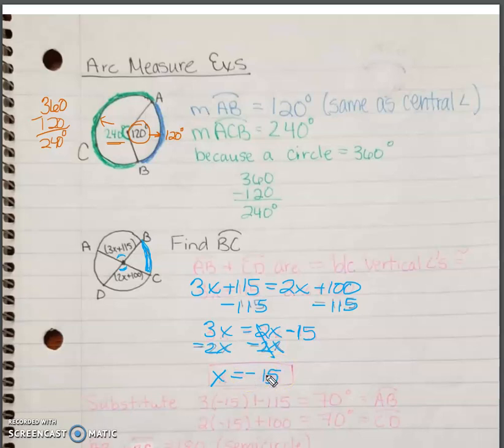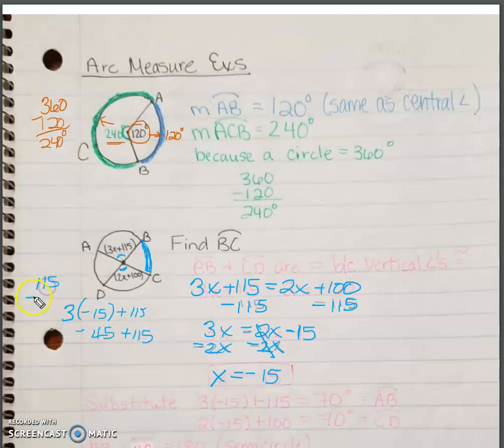Okay, so now I'm going to substitute that in. So I'm going to come over here, 3 times negative 15 plus 115. That's going to give me the angle measure. That gives me negative 45 plus 115.